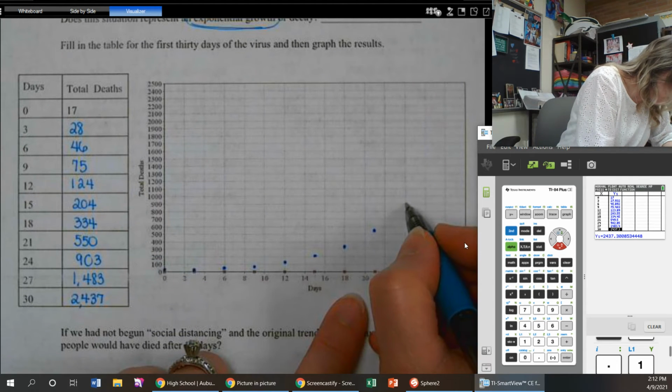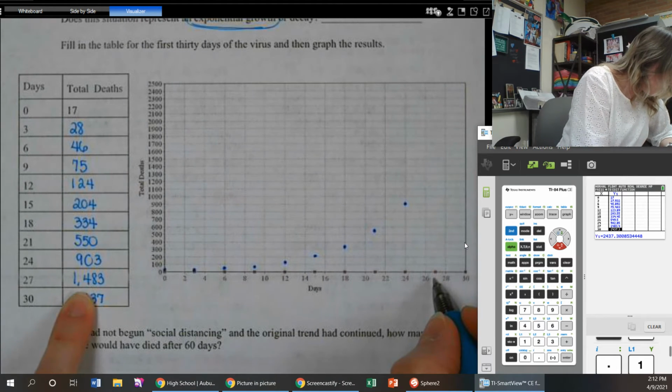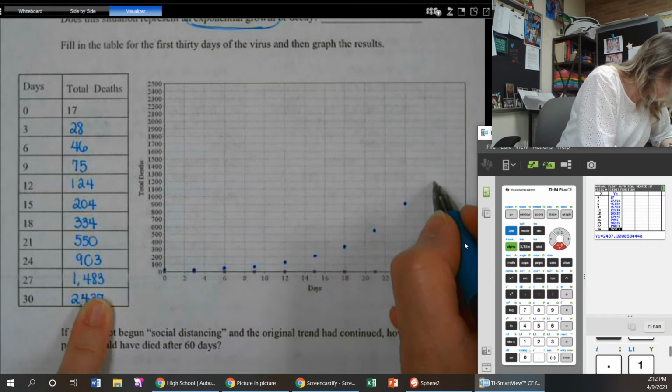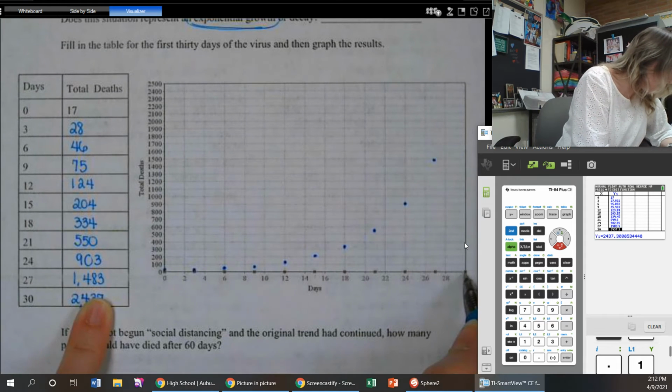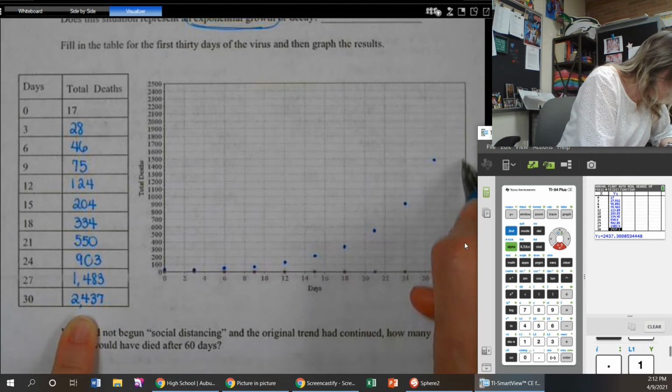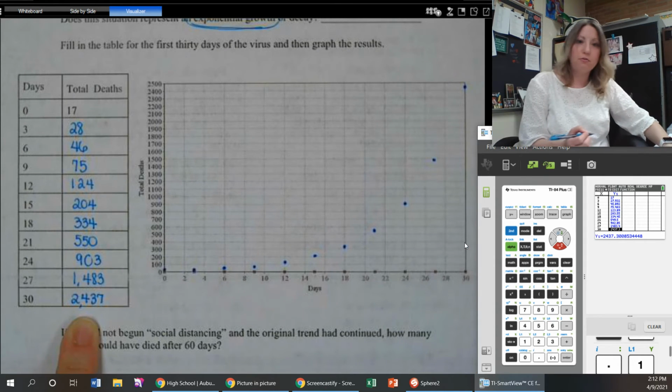So just put it right on the 9 there. And then 27, 1,483. That's closer to 1,500. Real nice and close to 1,500. And then 30, 2,437. So it's about a third of the way to 2,500.